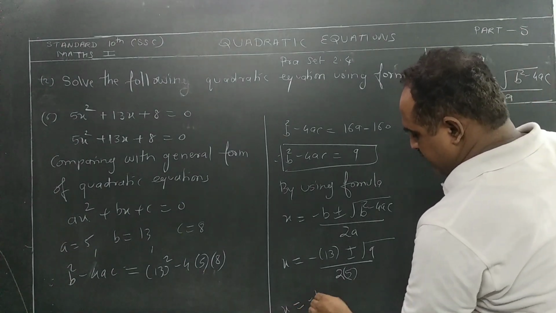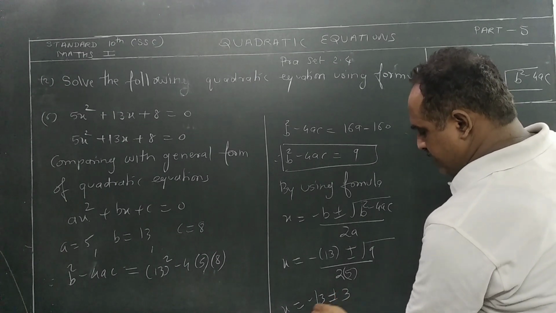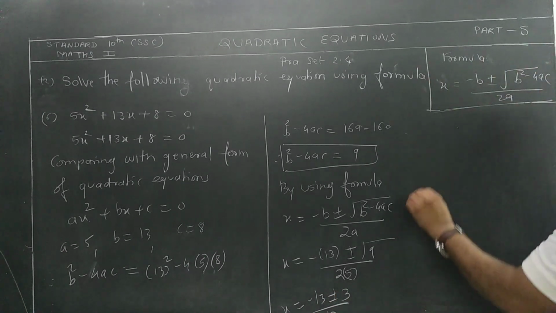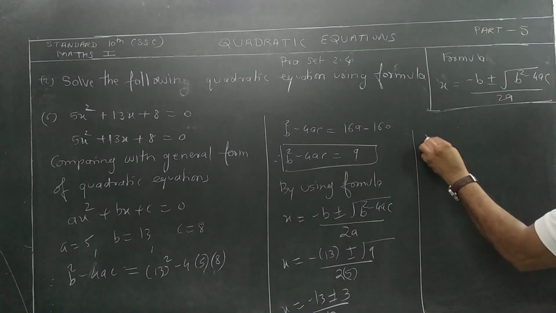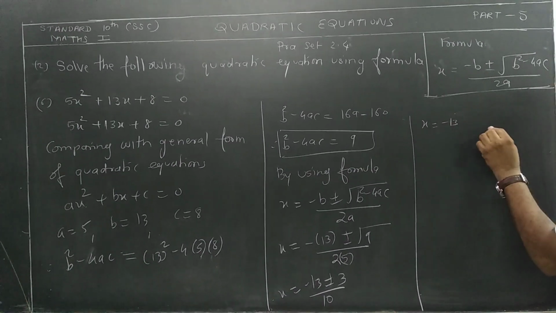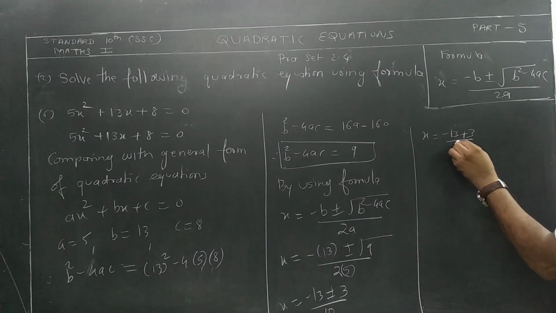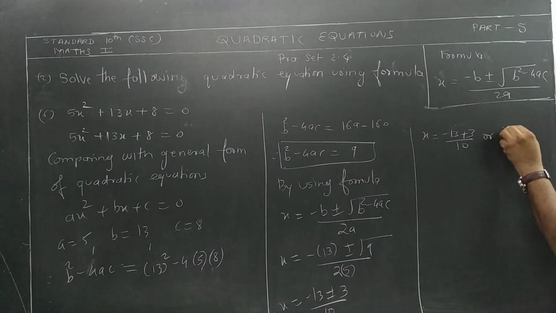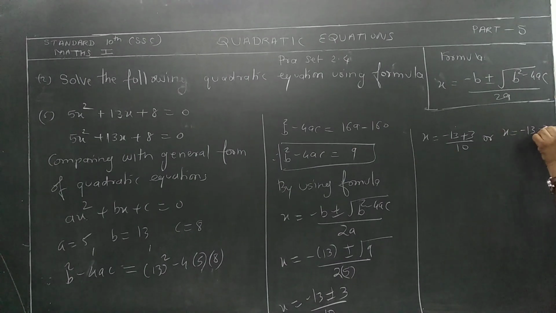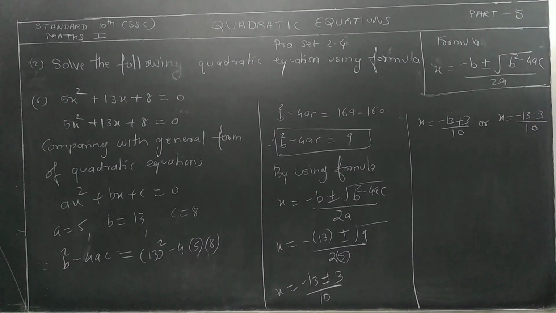X is equal to minus 13 plus or minus 3 upon 10. So we got x is equal to minus 13 plus 3 upon 10, or x is equal to minus 13 minus 3 upon 10.